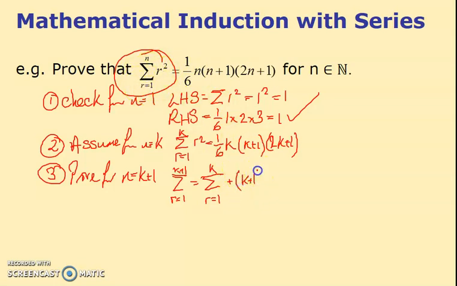So this is about r squared, so it's plus that. And of course the great thing is we've assumed that this sum from r equals 1 to k is a sixth of k plus 1, 2k plus 1, keep on getting that a bit wrong, plus my extra term, my k plus 1th term, which is k plus 1 squared.